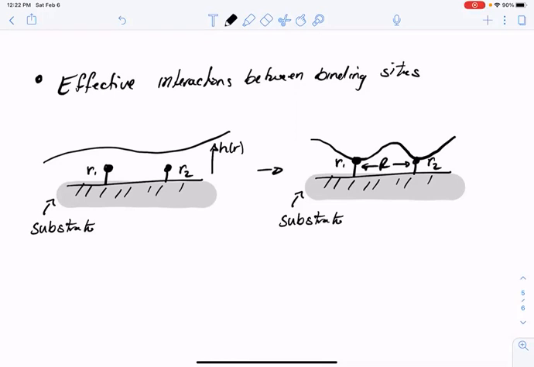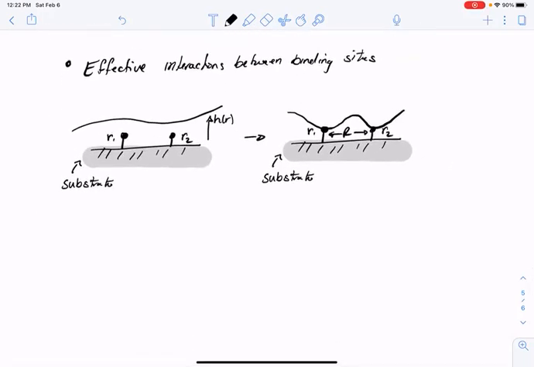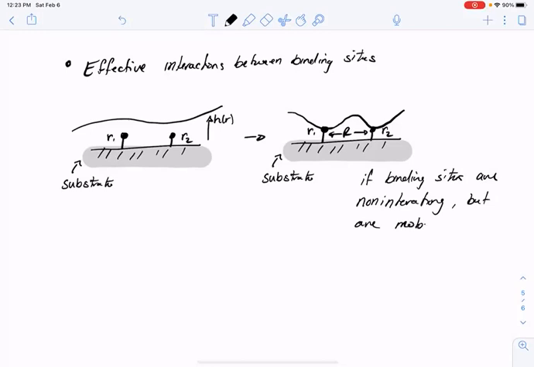And now let's imagine the linkers are initially non-interacting, but are mobile. How will they eventually arrange themselves?